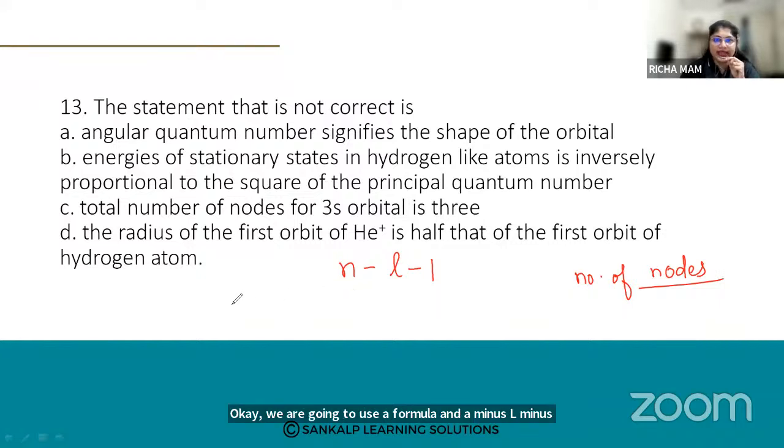We know what n is. n is the principal quantum number. L is the angular or azimuthal quantum number.